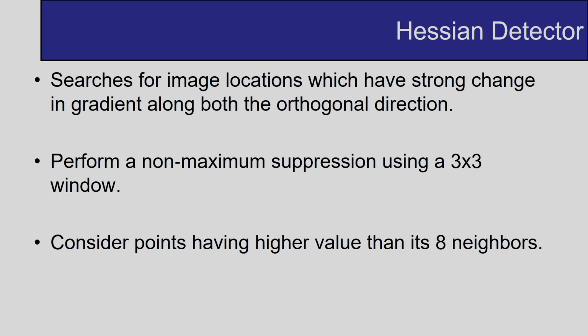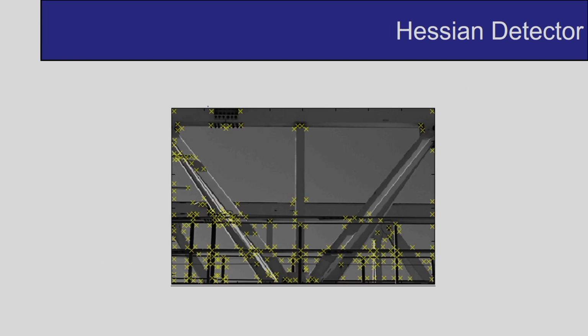We have to consider points having a higher value than their 8 neighbors, and based on this we can eliminate false corner points. So, this is about the Hessian detector, and you can see I can determine the corner points with the help of these algorithms. You can see all the corner points.